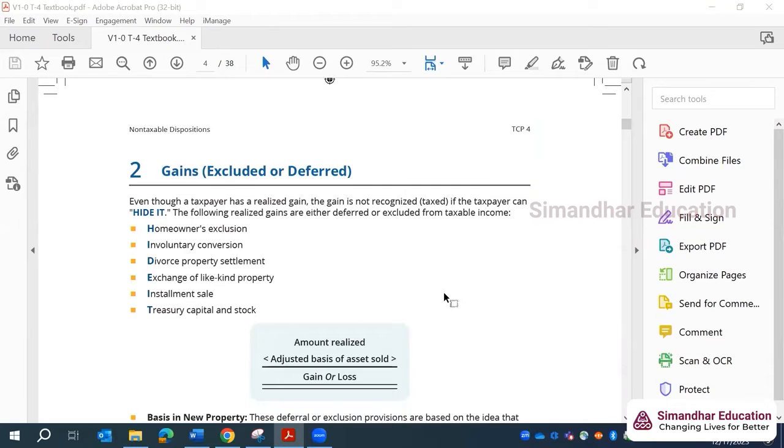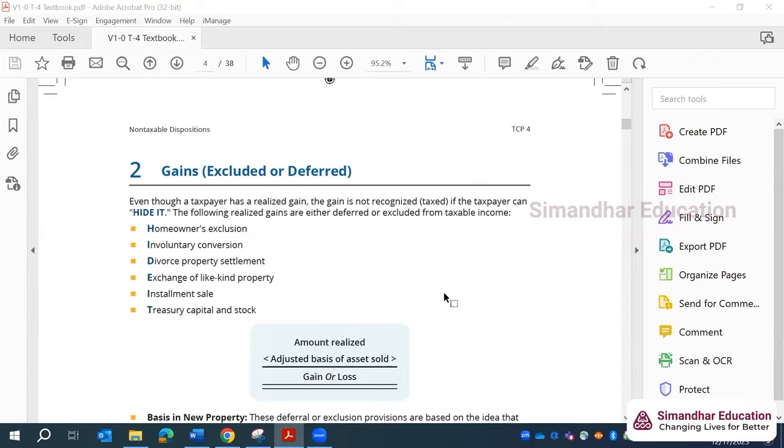Now we are going to cover the transactions where either the gain will be excluded or the losses will be deferred, or the gains will be deferred. Okay. So the first transaction that we are going to do is homeowners exclusion. Now remember that in the United States, there are different entities paying different taxes.